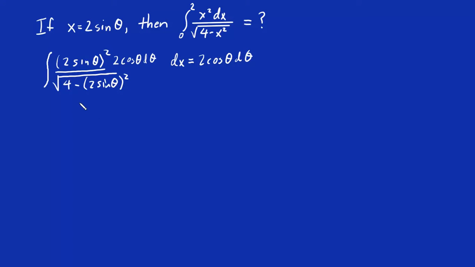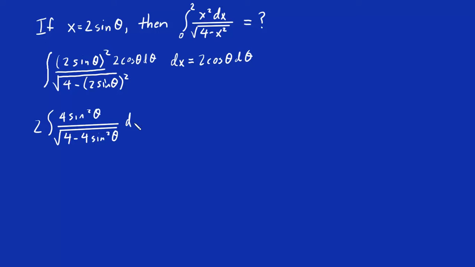So let's clean this up a little bit. Let's take this 2 and move it on the outside. So we have 2 times the integral of 4 sine squared theta, and let me use straight lines here to make it less messy, over the square root of 4 minus 4 sine squared theta.